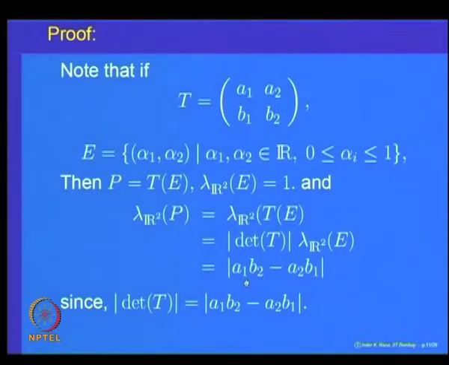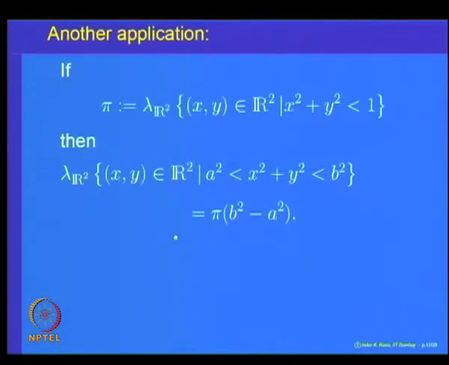So, this is one of the results that one proves normally in geometry and linear algebra, that the determinant is nothing but the area of the parallelogram determined by the vectors. Let us look at another application of this formula, how the linear transformation changes measure. So, let us look at the Lebesgue measure of the unit circle, the area of the region enclosed by the unit circle.